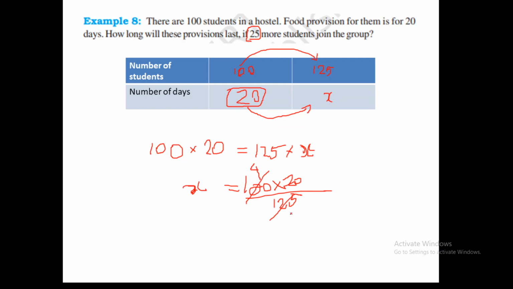How many 25 in 125? 5. And 20 and 5 will be cancelled. How many 5 in 20? 4. So last 4 into 4 remains. So 16 days. That food lasts only 16 days for 125 students.